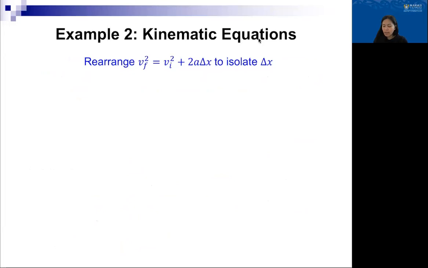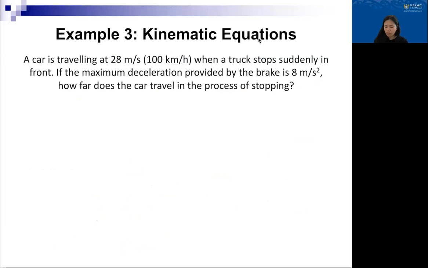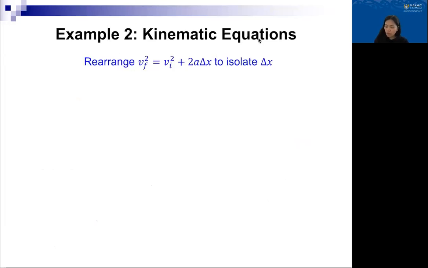Okay, so let's try. So this is equation 3. If you were to use equation 3, you need to rearrange that to isolate delta x. Again, let's try to build the equation starting from what we want to isolate.